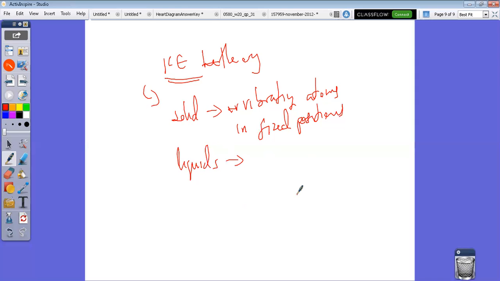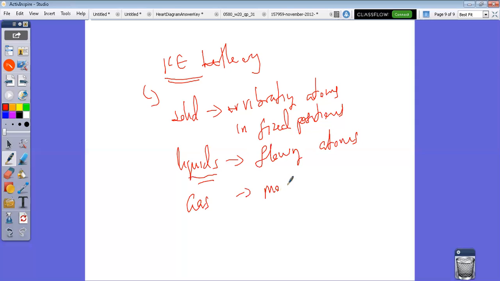What can you comment about the kinetic energy of liquids? What I can say is they're constantly moving, and they're flowing atoms. They have space to go through each other, I guess.